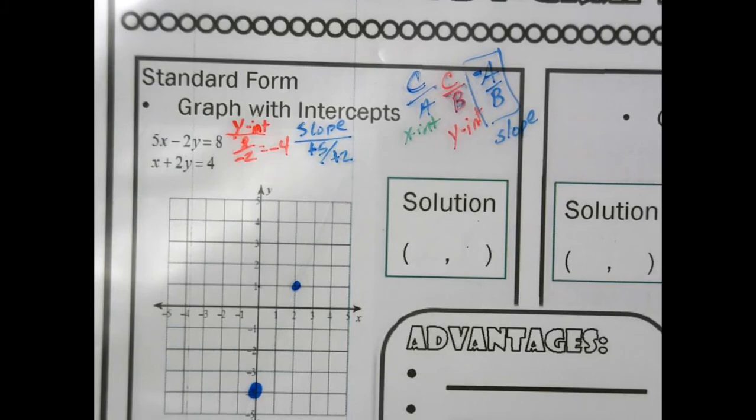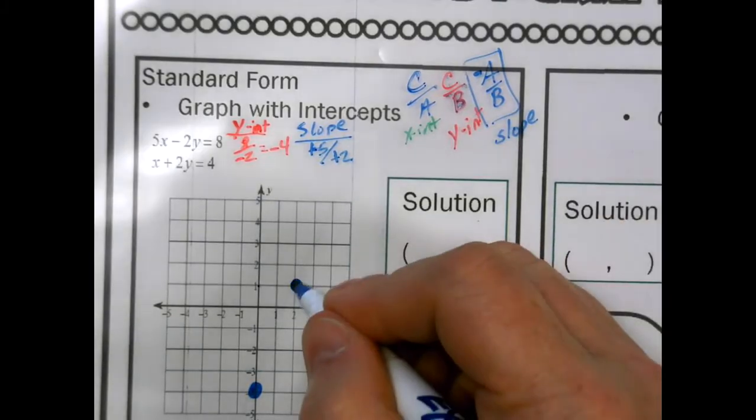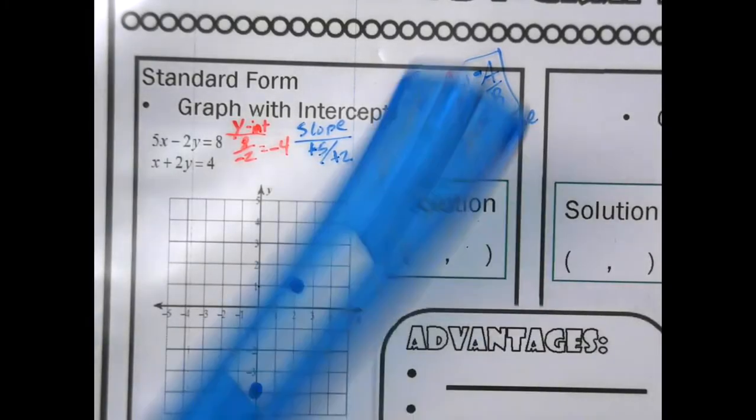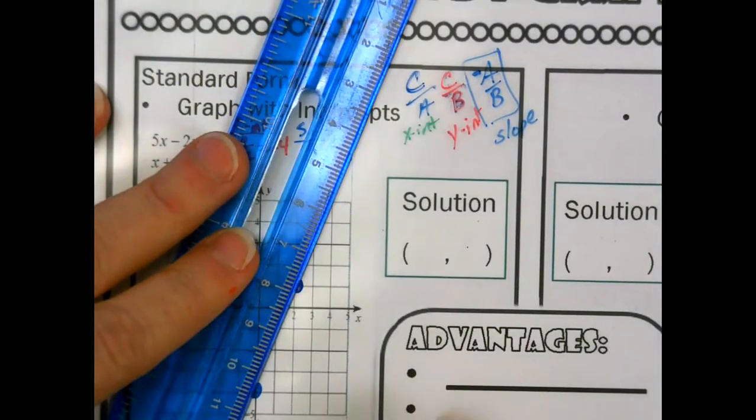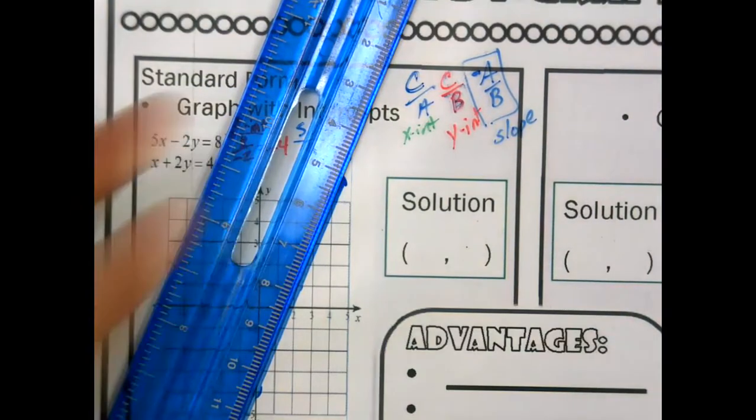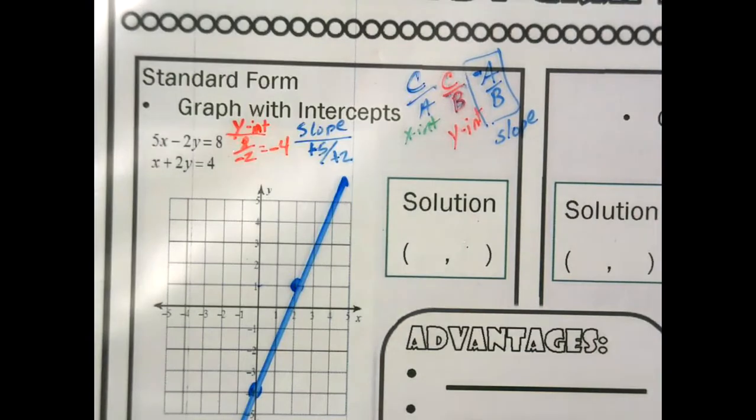So be sure that you use your ruler that you were supposed to grab back here. Draw your line straight. Sit back down, Paul.